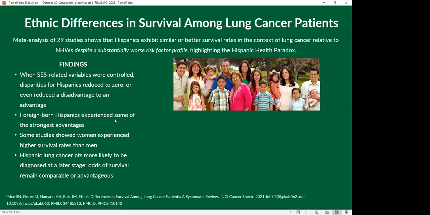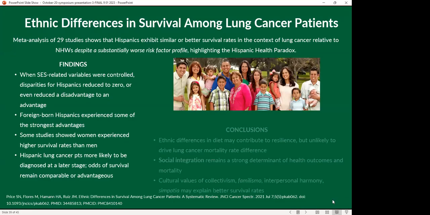And foreign-born Hispanics experienced some of the strongest advantages. Some studies showed women experienced higher survival rates than men, and Hispanic lung cancer patients were more likely to be diagnosed at a later stage. Odds of survival remain comparable or advantageous.